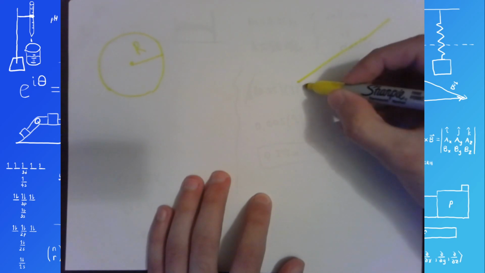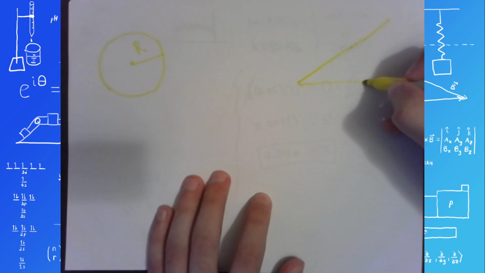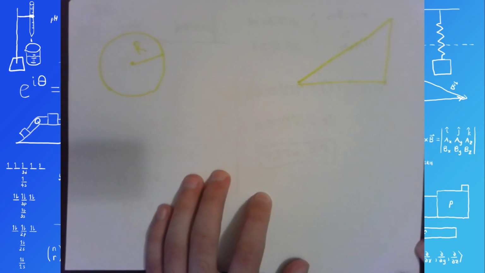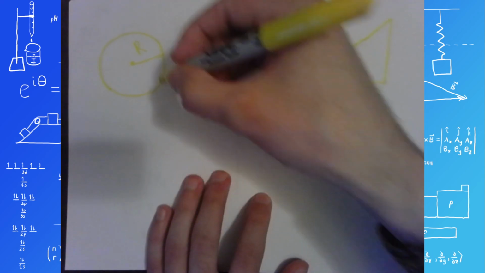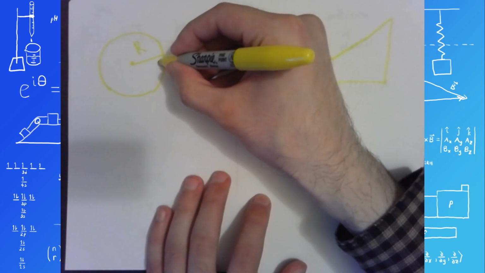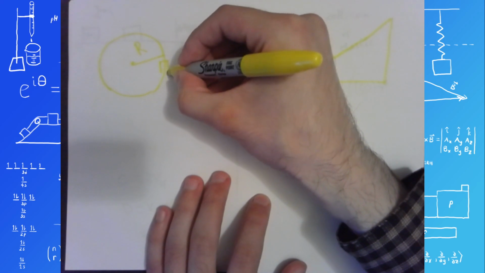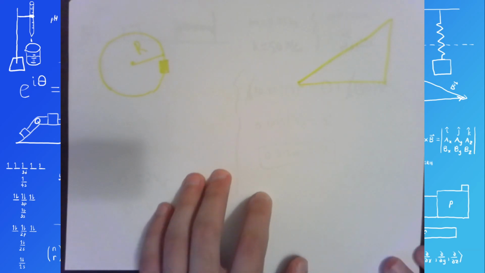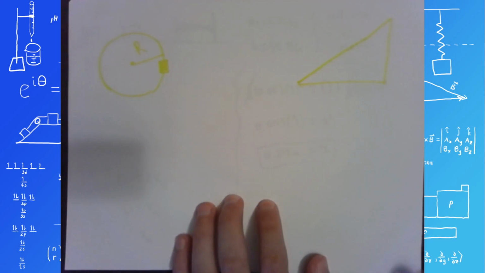I'll draw it even bigger so I have more space in case I need to draw on top of it, which I most likely will. Okay, so if I'm looking at a car, let's say the car is over here, when we're looking at it directly from above.